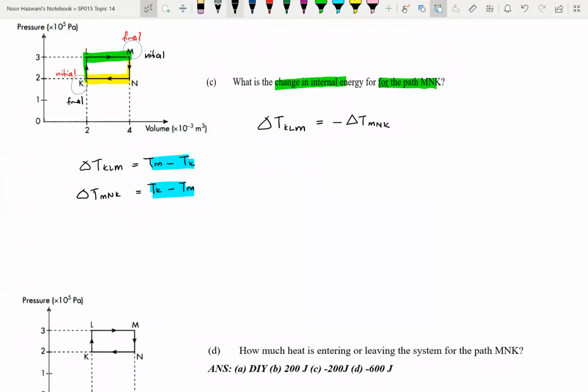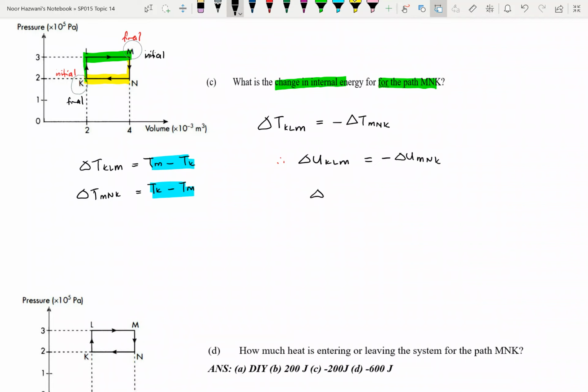Therefore, okay, your delta U KLM will be equal to negative delta U M and K. Okay.